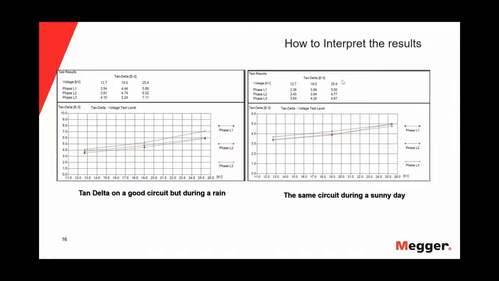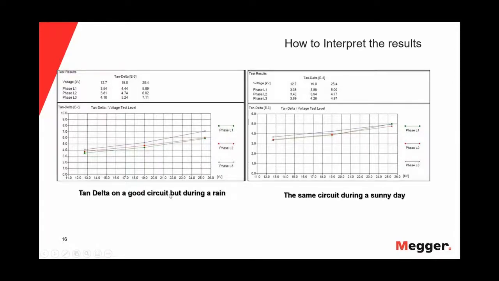Then you see the same exact cable here on the sunny day, same voltage range, 12.7, 19, 25.4. Phase 1, 338, 388, 500 as compared to 589 in the rain. Phase 2, 343, 394, 477 as opposed to 602 in the rain. And then phase 3, 369, 426, 497 as compared to 711 in the rain.